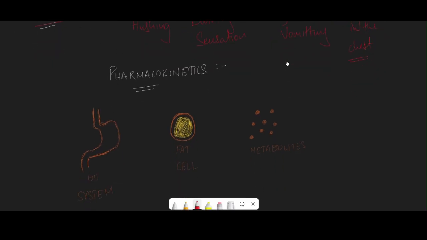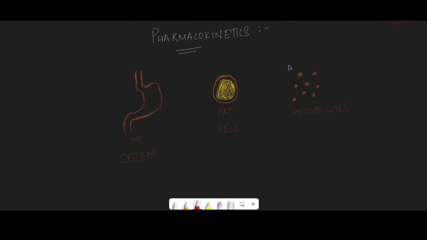And also coming to the pharmacokinetics. Now, what are the pharmacokinetics of disulfiram? The pharmacokinetics of disulfiram is that it is rapidly absorbed in our GI system. So I'll just write this over here. Rapid absorption. Then the second one is that it is lipid soluble. I've drawn a fat cell over here, which means it is lipid soluble.